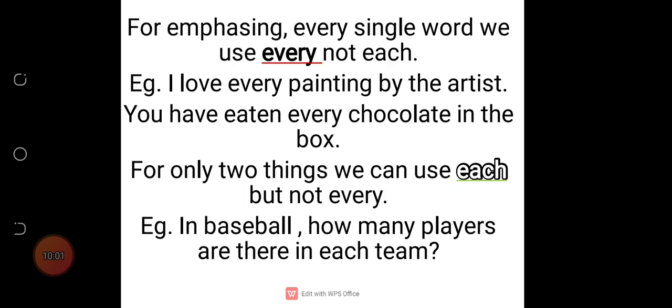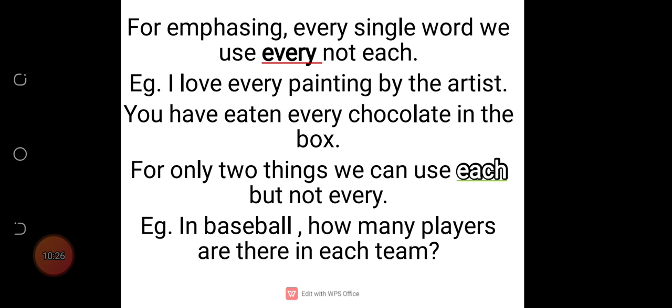When we have only two things, we can use each, but not every. When we have just two things, we should use each, not every.